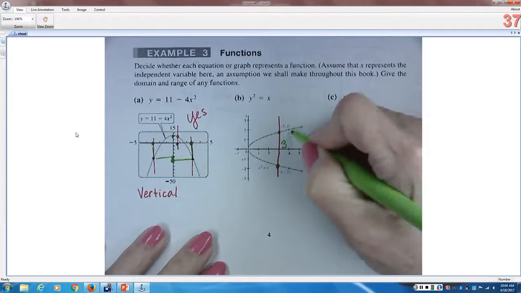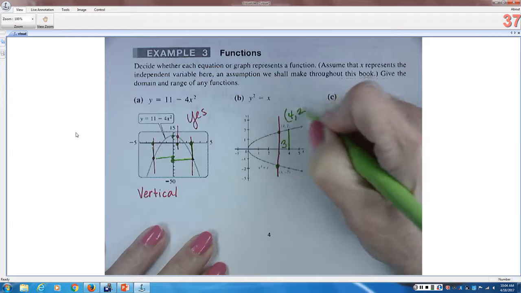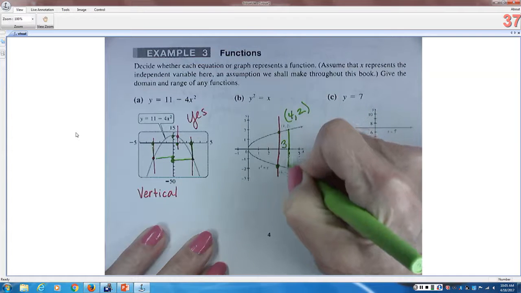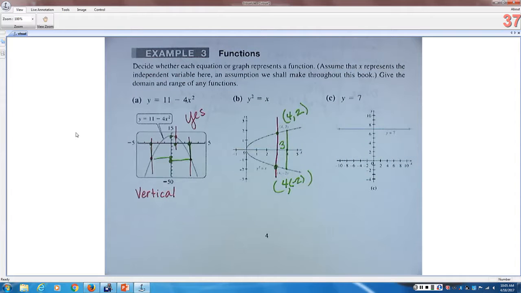For the x value 4, it is possible for 4 to be partnered with 2, but it is also possible for 4 to be partnered with -2. So this one is not a function.